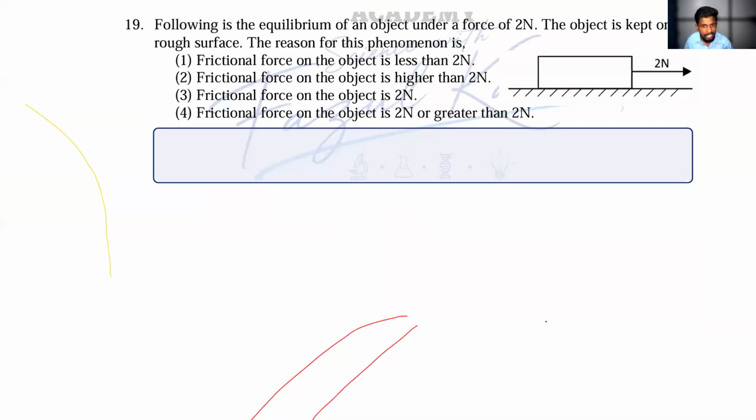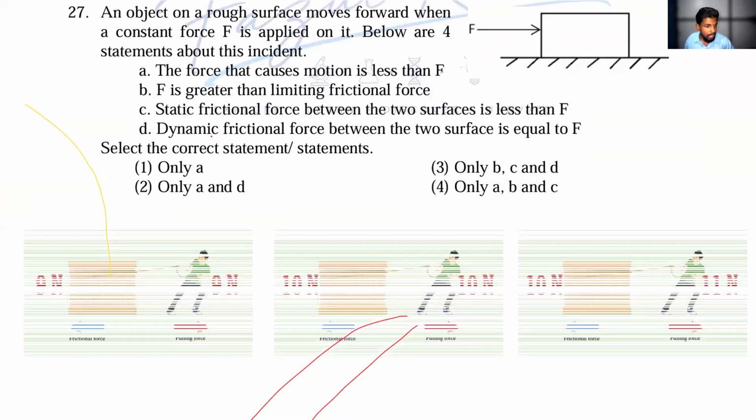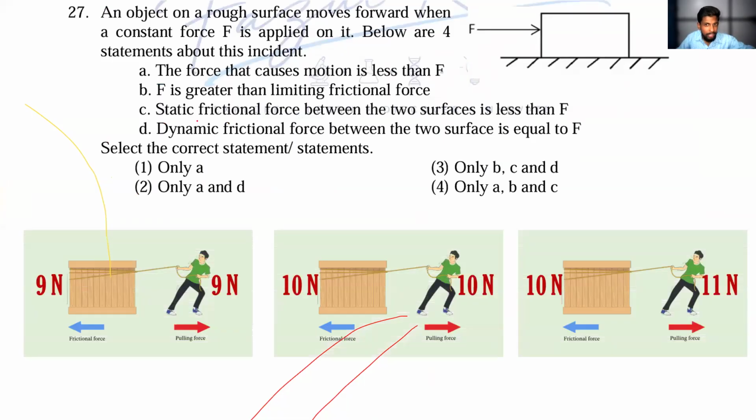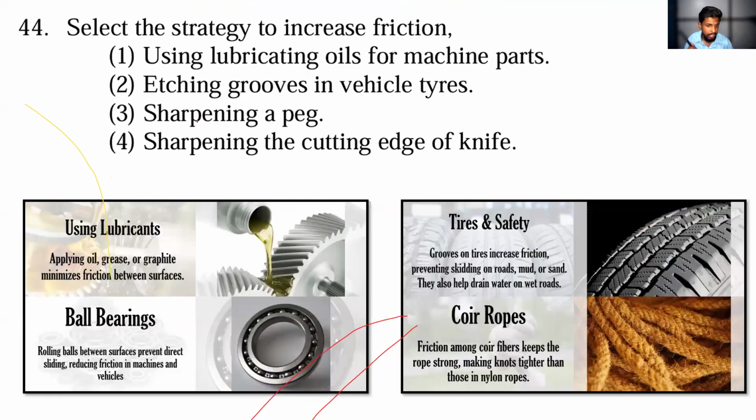And then we discussed a question regarding the static frictional force. And then we discussed all the types: static, limiting, and dynamic. A standard question is there, question number 27, right? Question number 33 is the same, related to increasing and reducing the frictional force.